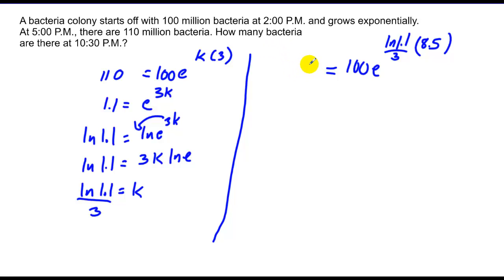And now we're looking for this new number x. So I'm just going to grind this out in my calculator. And after plugging it into our calculator, we get roughly 131 million.